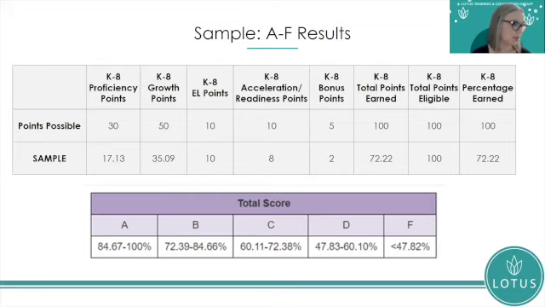The second question on page 4 is, which of the indicators is this school showing success in? So not necessarily the greatest strength, but where are they seeing success? I would say that K-8 acceleration readiness is an area of success.